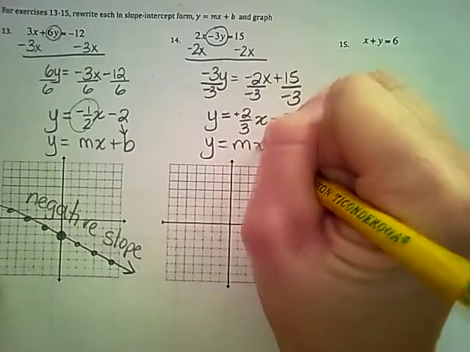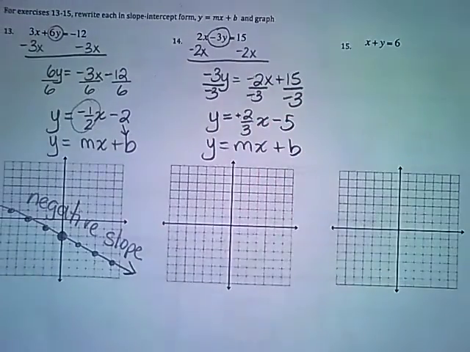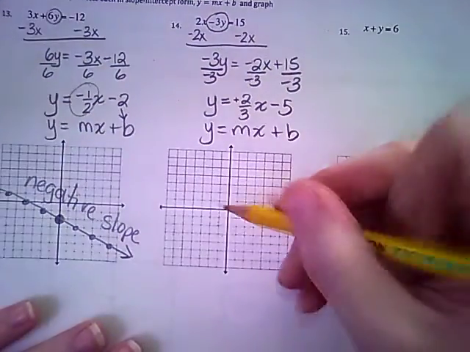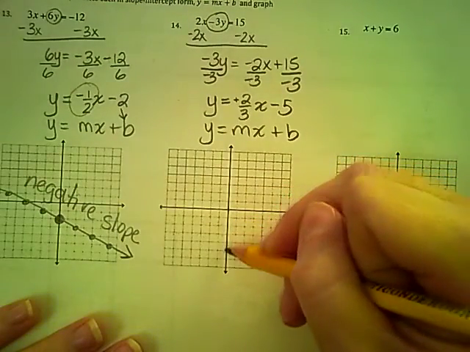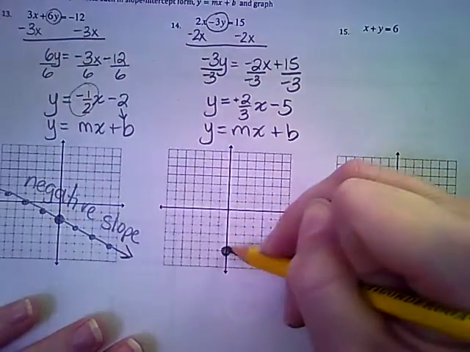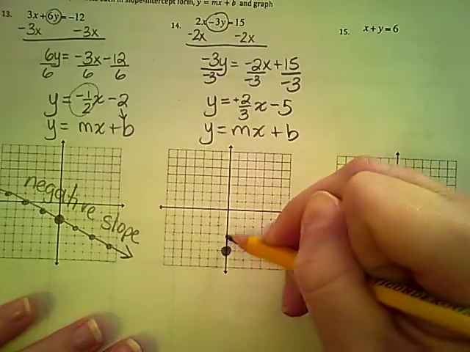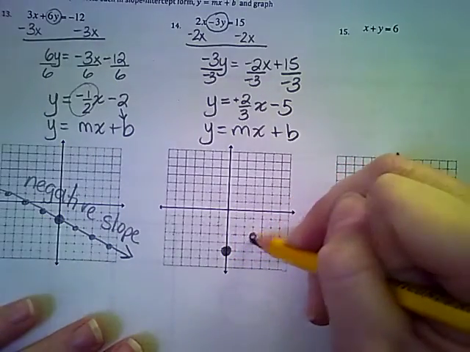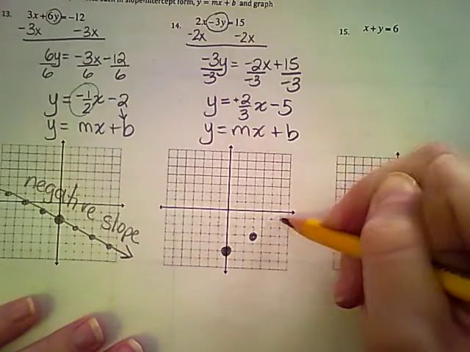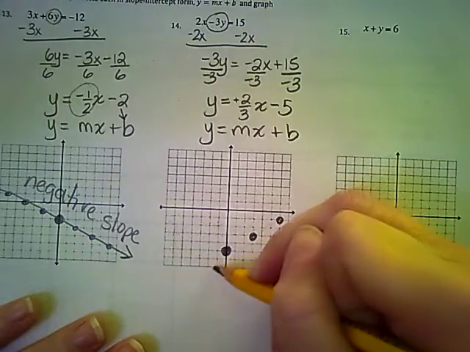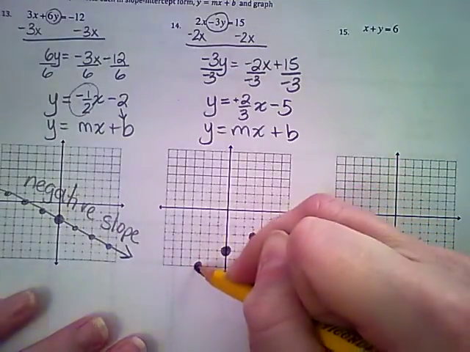So now it's in y equals mx plus b, which is exactly what I wanted it to be in. So I can start at negative 5. 1, 2, 3, 4, 5. And up 2 over 3. 1, 2, 1, 2, 3. I could go down 1, 2, 3.